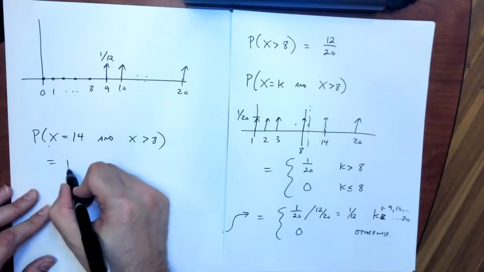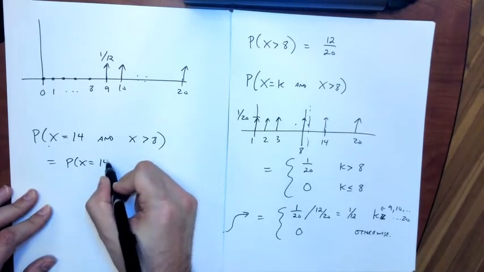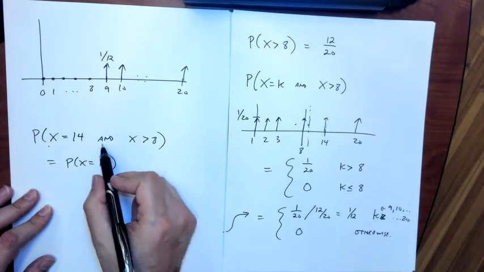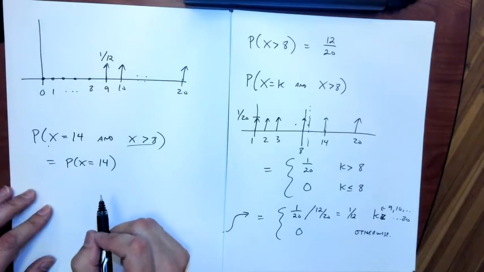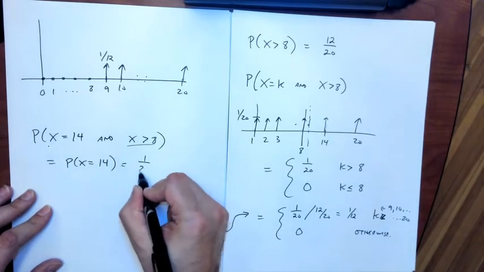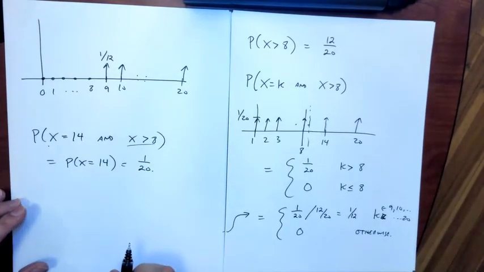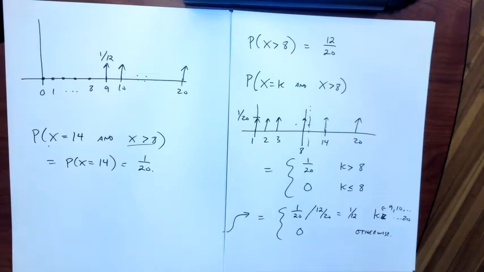This is the same thing as P of x equals 14 in this case, because with this and clause, I'm already greater than 8, so I don't learn anything from it. So this is just 1/20th by itself. So you just take the more restrictive one in this case.